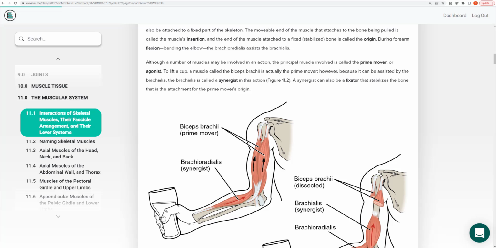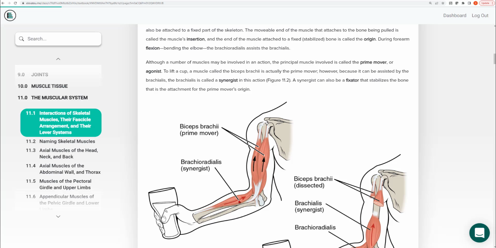These two heads of the biceps brachii have two different tendons. And you're learning in lab about the origin and the insertion of these. The origin for the biceps brachii, one is on the coracoid process and one is on the supraglenoid tubercle. And that's the origin of the biceps brachii. The origin by definition is the place that doesn't move.